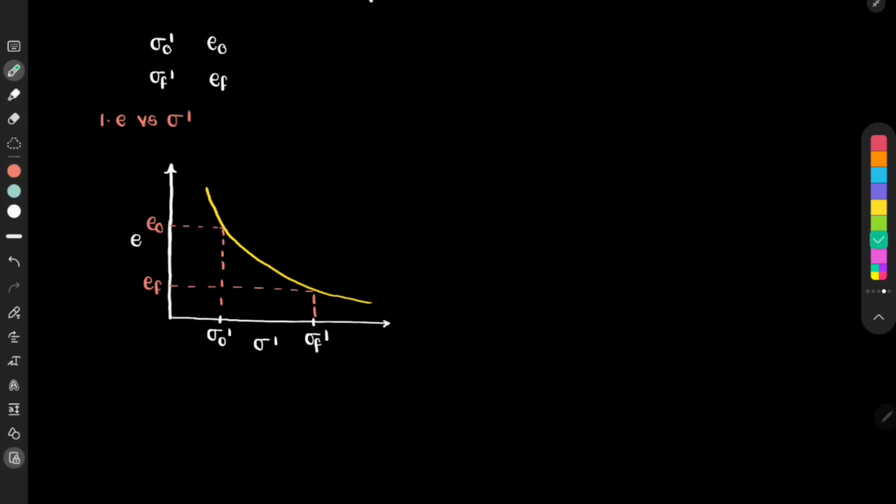Then what is coefficient of compressibility? Coefficient of compressibility is represented by A suffix V, which is equal to the change in void ratio, that is EF minus E naught, by sigma F dash minus sigma naught dash.